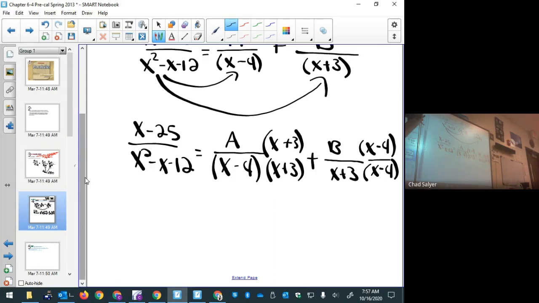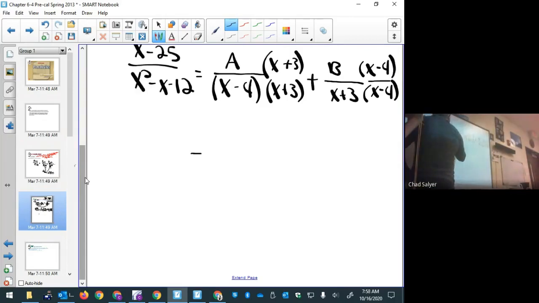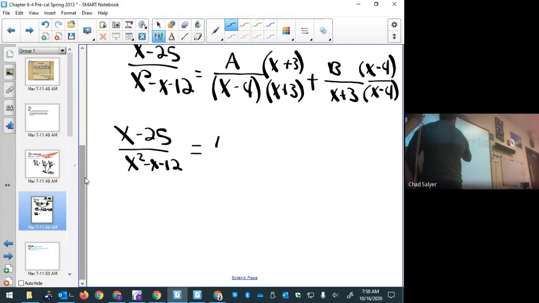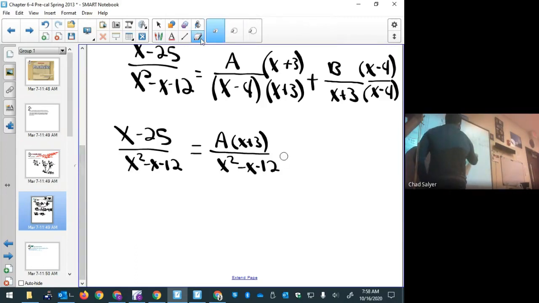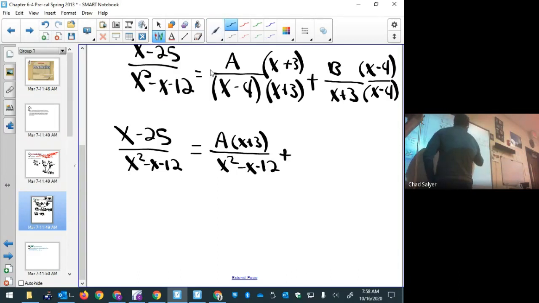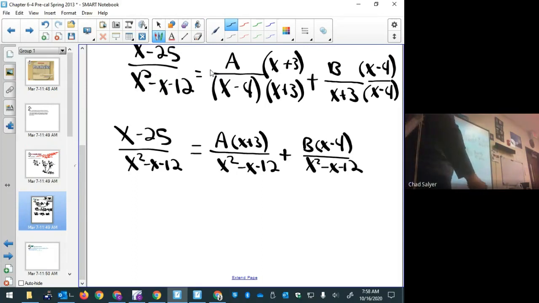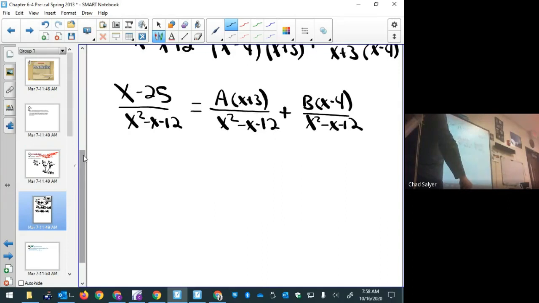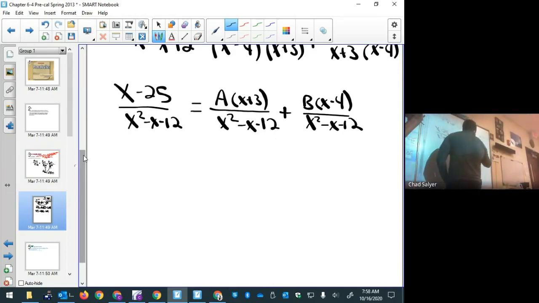Oh, okay, so continuing on. The next step, we're going to have common denominators. So when I have all common denominators, as long as I assume those denominators may never be 0, I can say my restricted values.